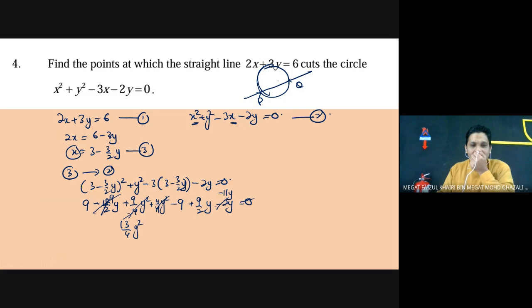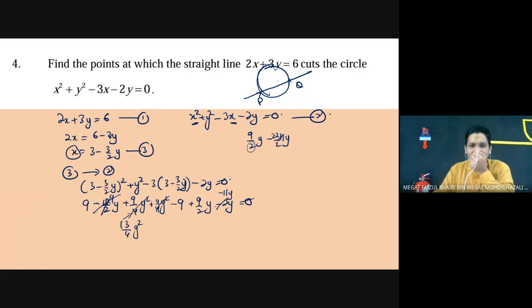Negative 11y plus 9 over 2y. 9 over 2y minus 11y. Okay, change this 11 in a fraction with the denominator of 2. So 11 times 2, 22 over 2. 22 over 2 equal to 11, right?